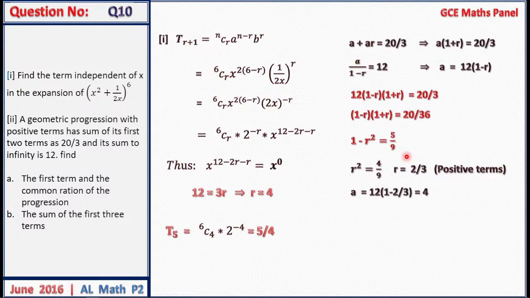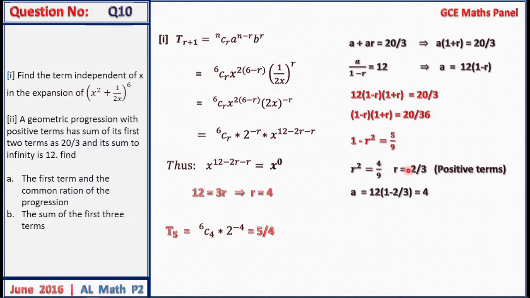Because now we know that our first term is a, and a is 12 into 1 minus r. From here, you can solve for r, and r will be equal to 2 on 3.